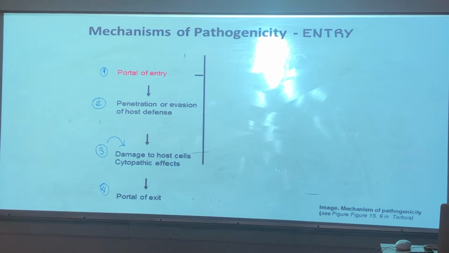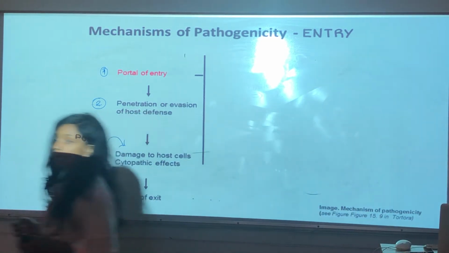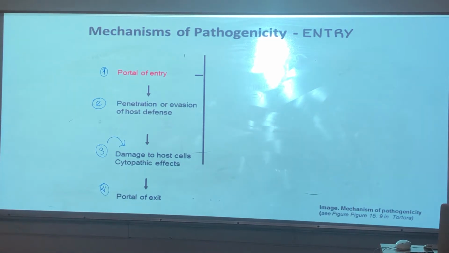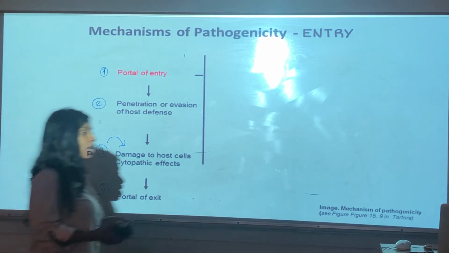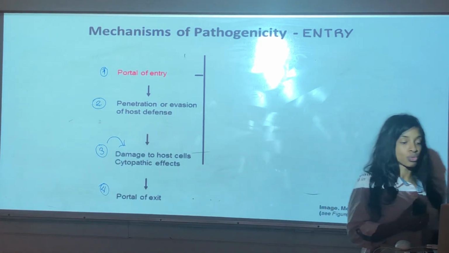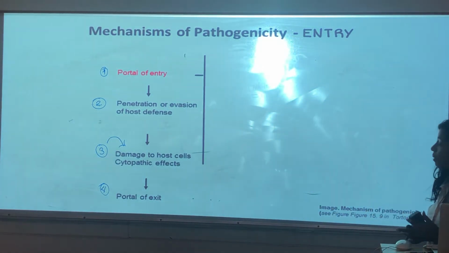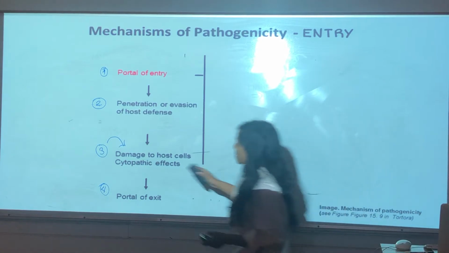It is a mechanism, and as I mentioned, generally these microorganisms use similar methods in order to harm their host. So again, they get in, they cause damage, and then many of these microorganisms will exit. And we'll talk about these strategies and what they are.